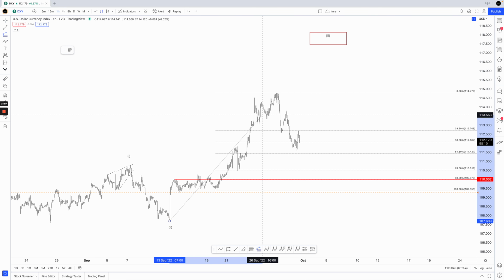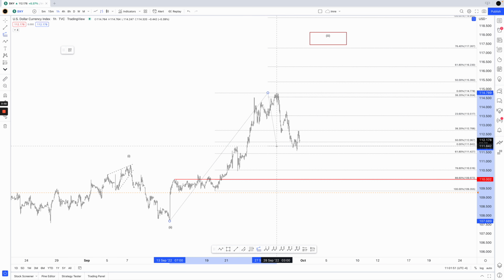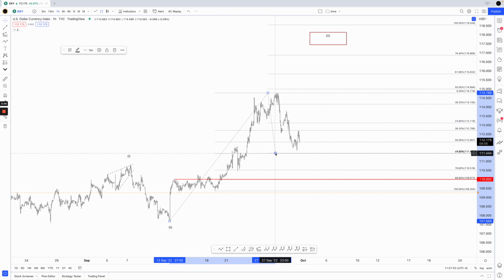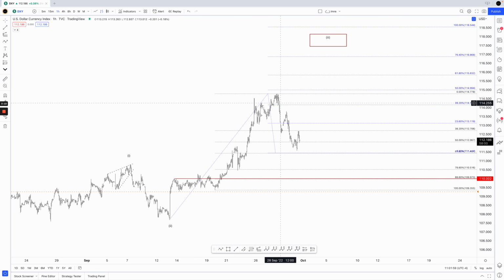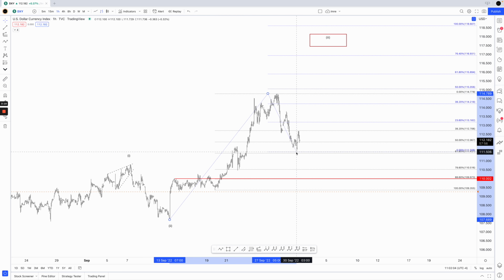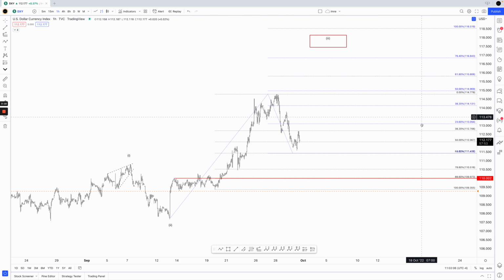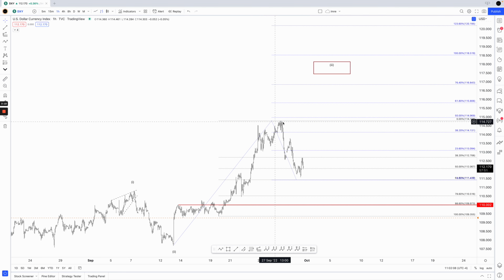And here's the other thing. We can take a look at what Fibonacci extension objectives would get us to that wave 5 of 3 up here. If we're looking at the relationships between waves 1 through 4, assuming that wave 4 ends around that 61.8% retracement level of wave 3, then we're looking at a little bit below equality, where wave 5 would be equal to the distance traveled between waves 1 through 3.